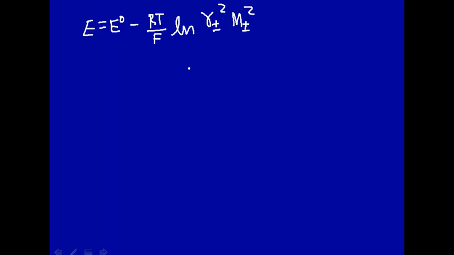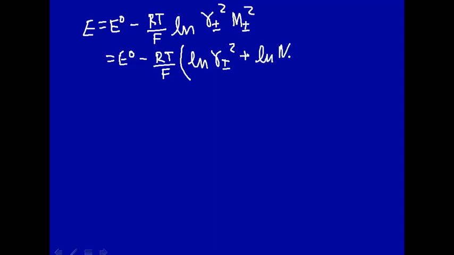So we can rearrange this equation a little bit. Let's just do a few steps here. E is equal to E0 minus RT over F times the natural log of gamma plus minus squared plus the natural log of M plus minus squared. The logarithm of a product is the sum of the logarithms. We're trying to measure the mean activity coefficient of HCl, so what we want is to isolate that.